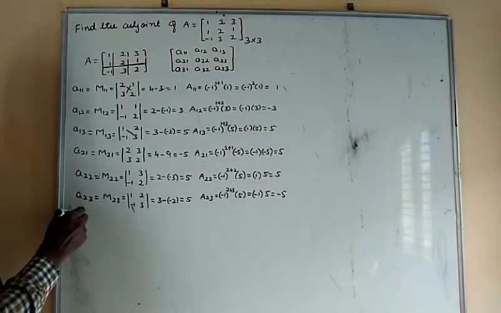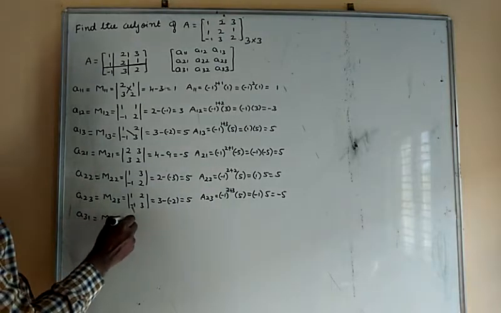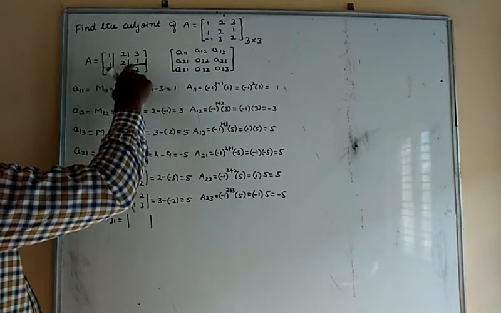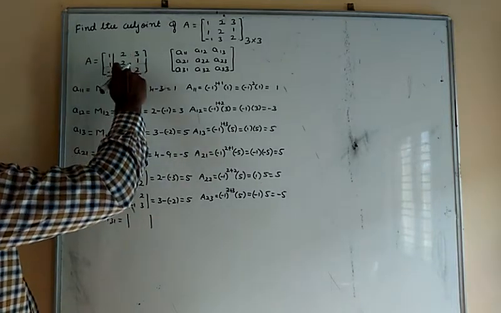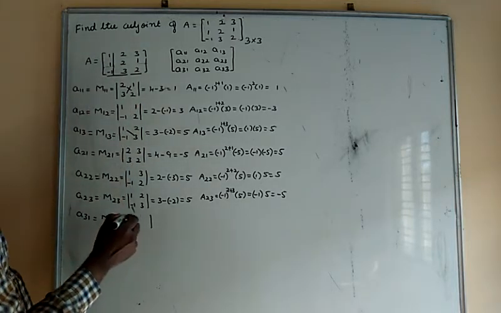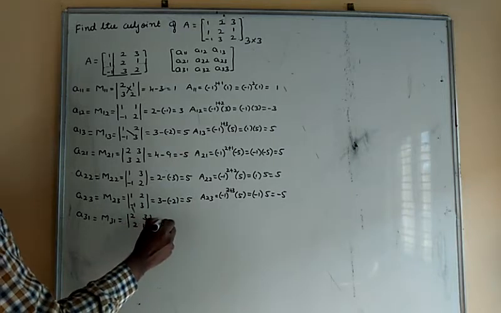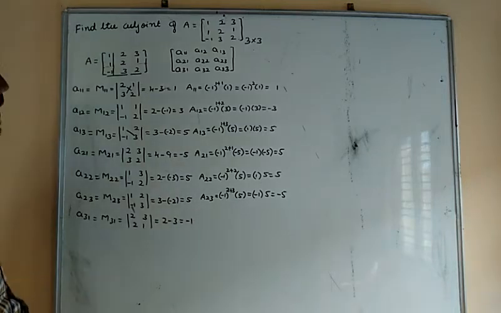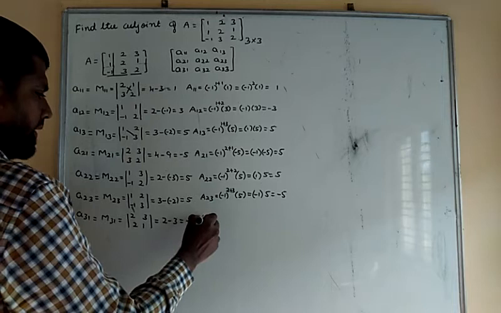So next, A31. A31 means M31. M31 means you have to leave the third row and the first column. Third row and the first column means 2 3 2 1, then 2 minus 3, that is equal to minus 1.